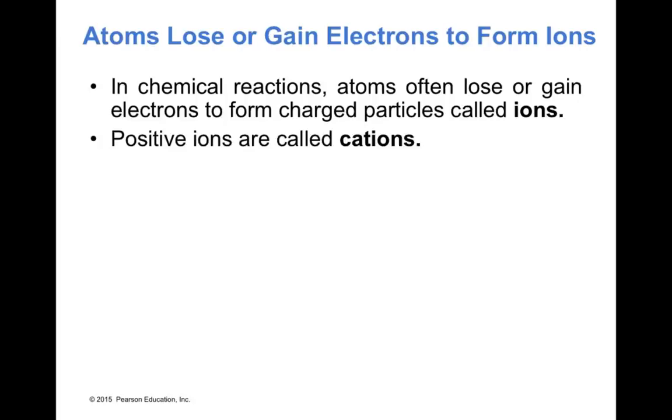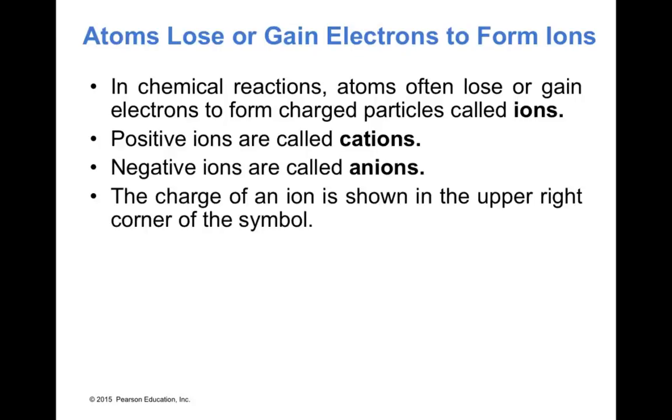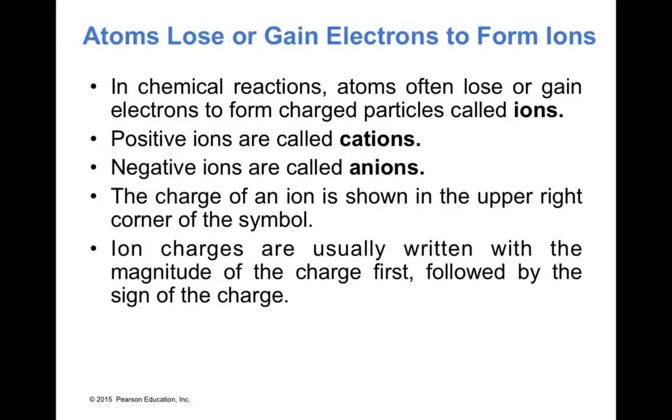Positive ions are called cations. Negative ions are called anions. The charge of an ion is shown in the upper right corner of the symbol. Ion charges are usually written with the magnitude of the charge first, followed by the sign of the charge. For example, magnesium 2+, oxygen 2-.